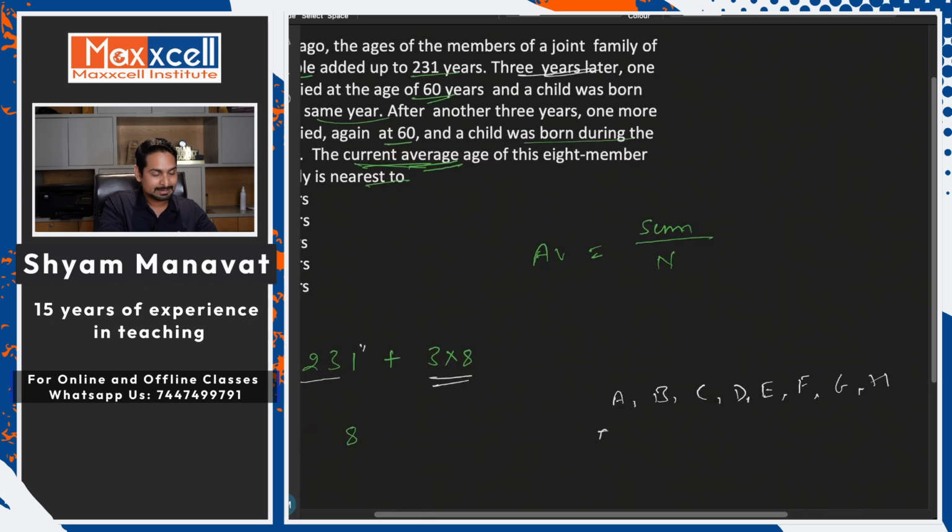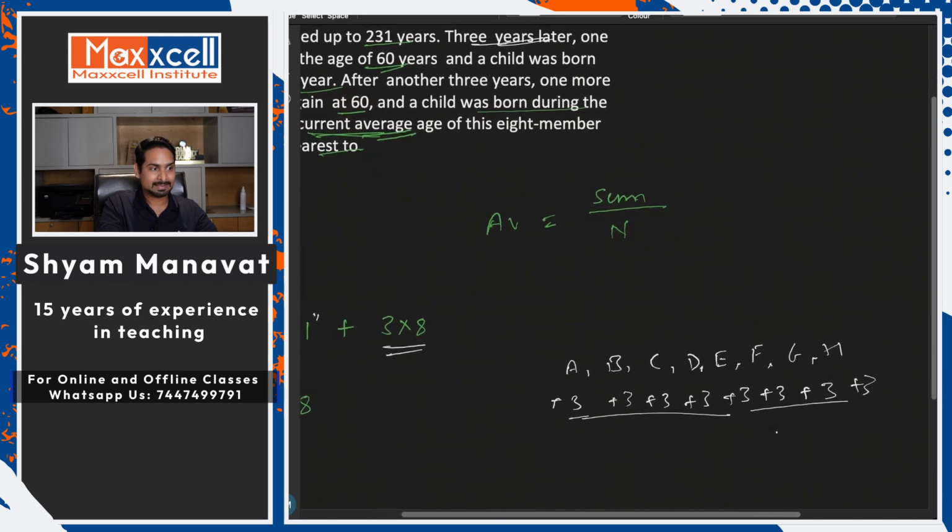So all these members will become 3 years older in 3 years. Did you get it? So the total increase in the age, in the sum of age, will be 3 into 8, obviously. I hope this part is clear.